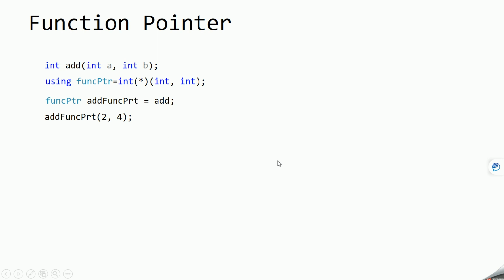Okay, now let's see how alias name is useful to create an alias name for a template type. Okay, so suppose we have a template type over here and it takes three parameters. The type name is type and we want to create an alternate name for this type.